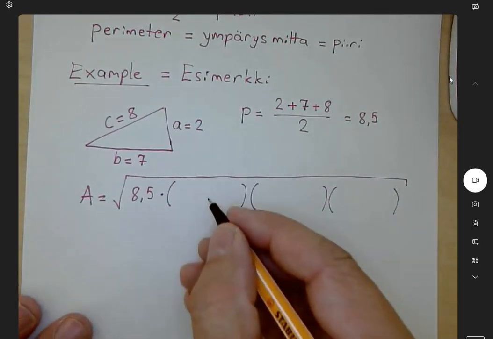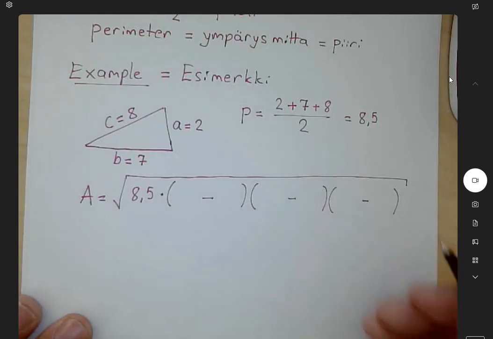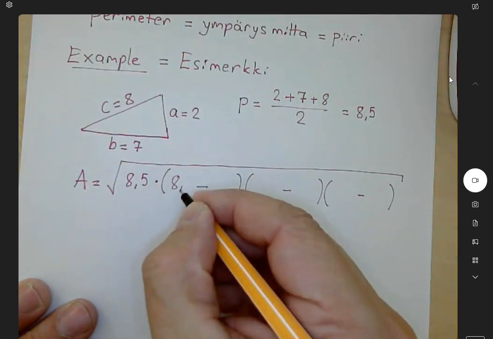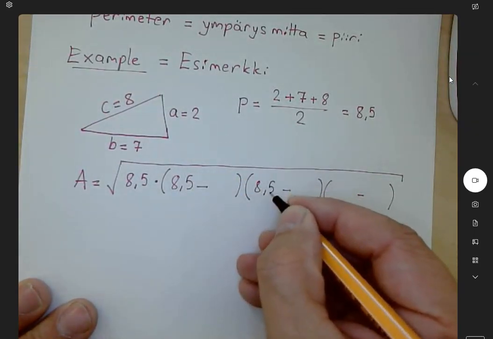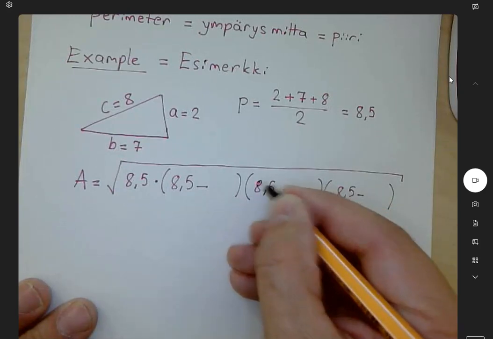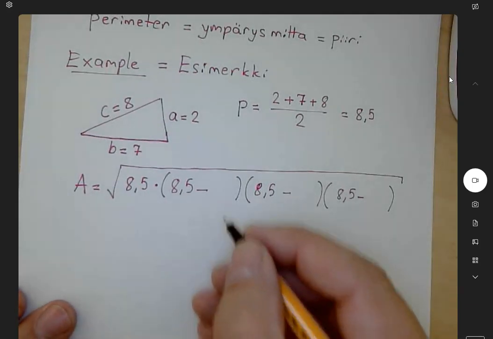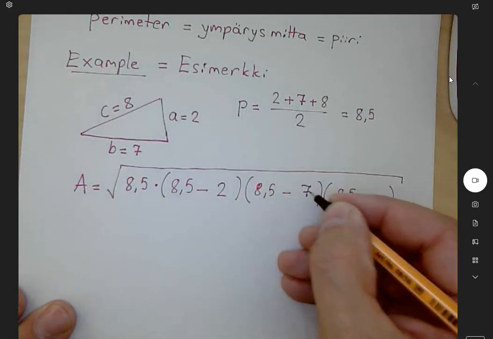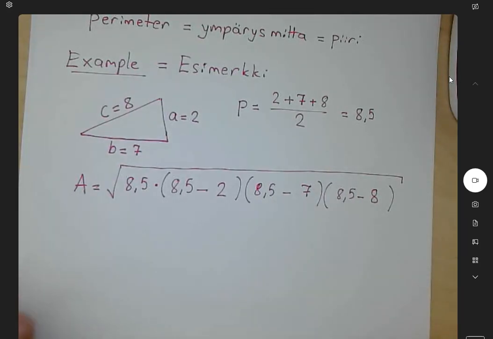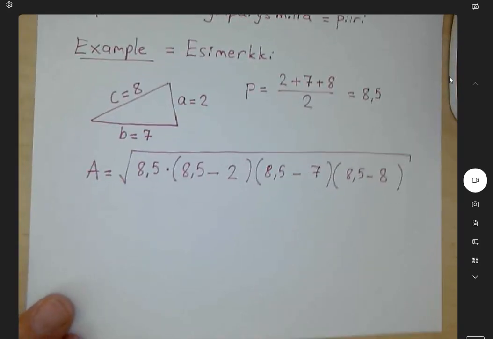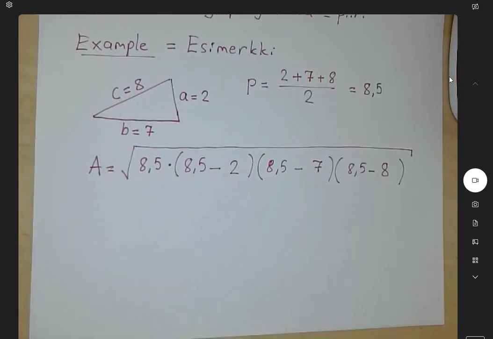Then I mechanically write these minus signs there, and I remember that in front of every minus sign I need the value of P. So we write 8.5, 8.5, 8.5, and then A, B, C, so I put 2, 7, and 8. Because it's multiplication.